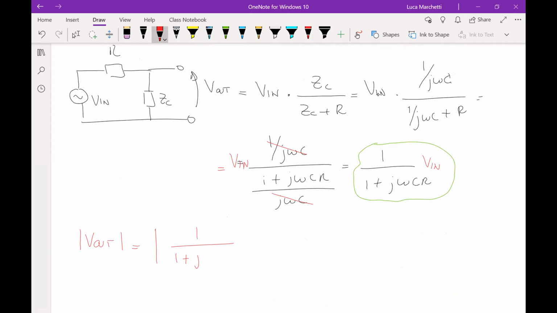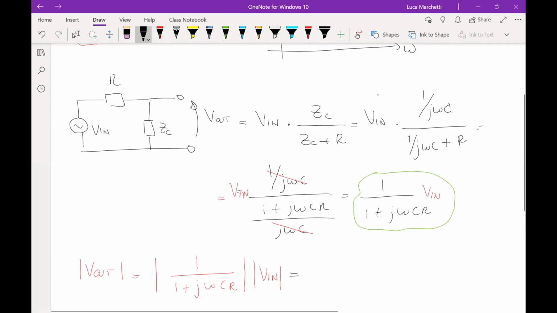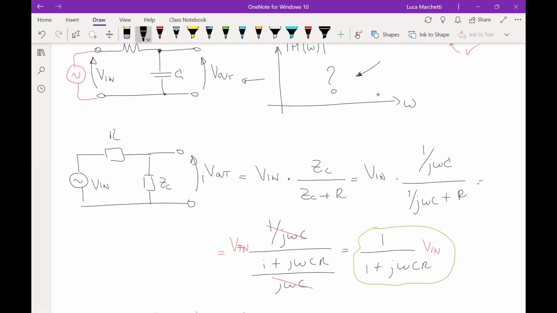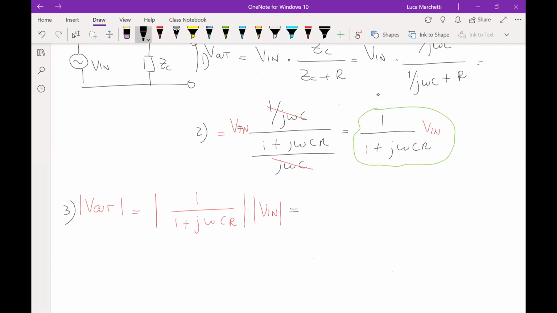I hope you remember how to calculate the absolute value of a complex number. Here I write V in. Let me write some numbers, otherwise maybe we don't know. Yeah, like this. And then we are going to calculate the absolute value.